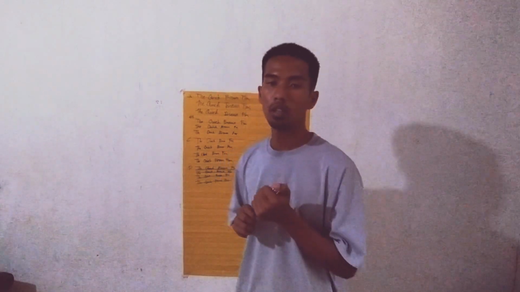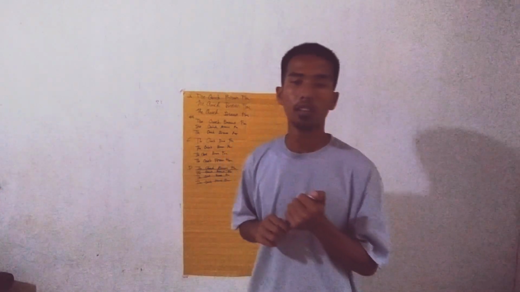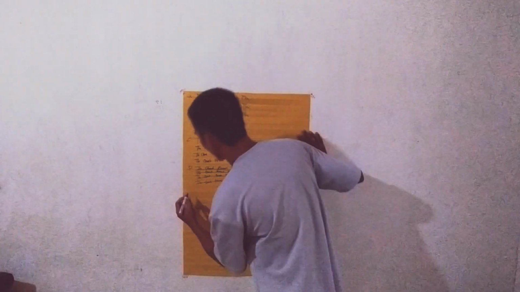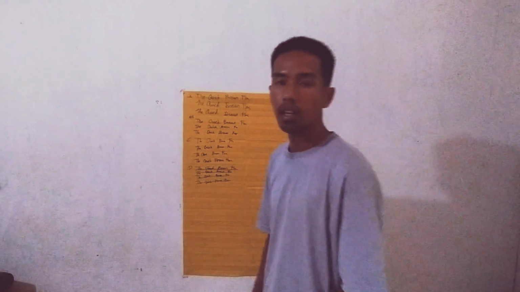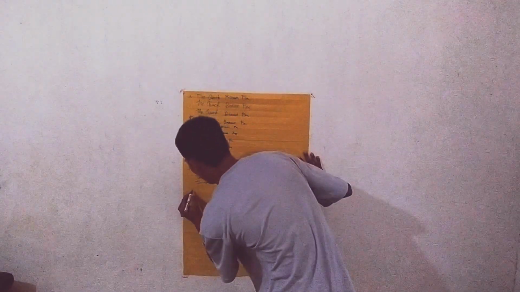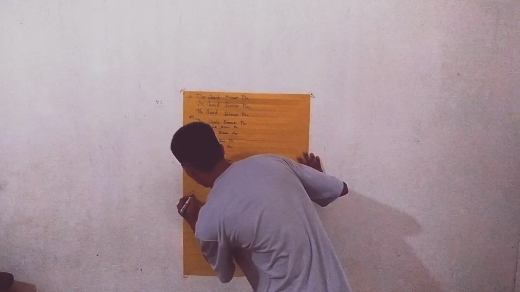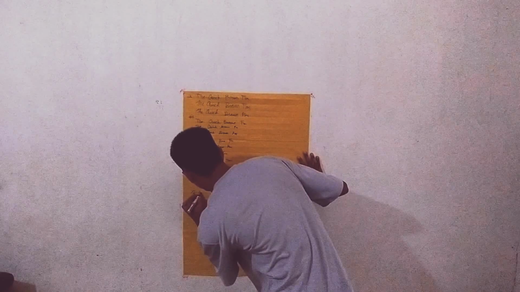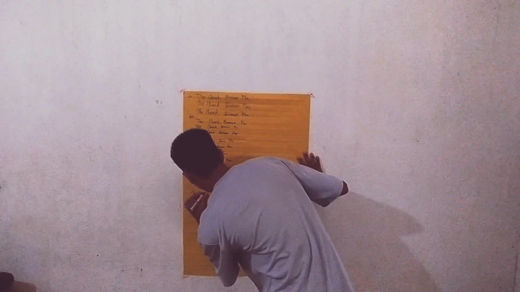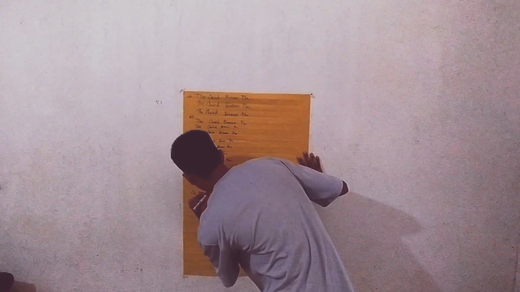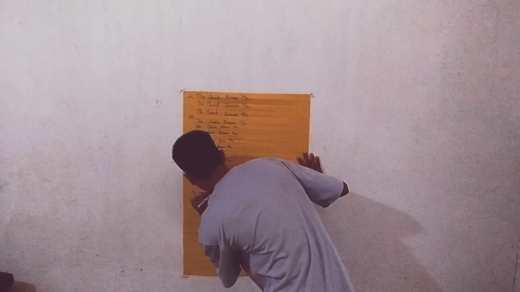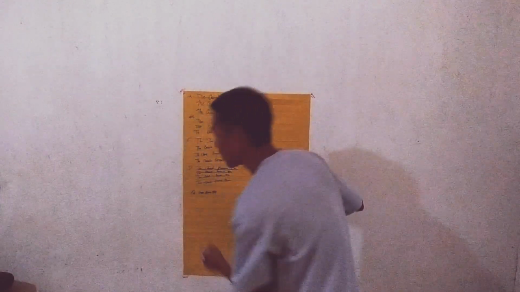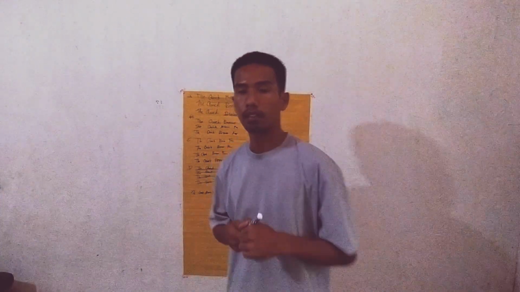They have two different kinds. The right hand slant. This is the right hand slant. And the second is the left hand slant.